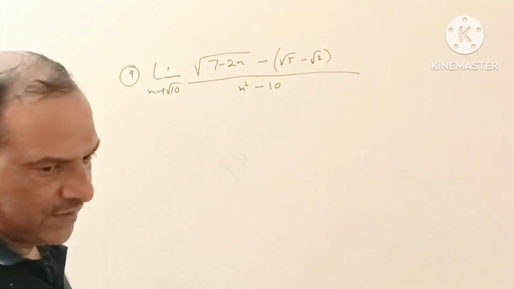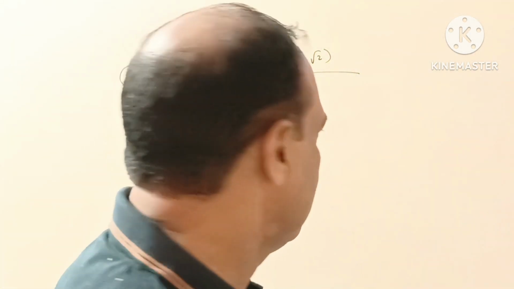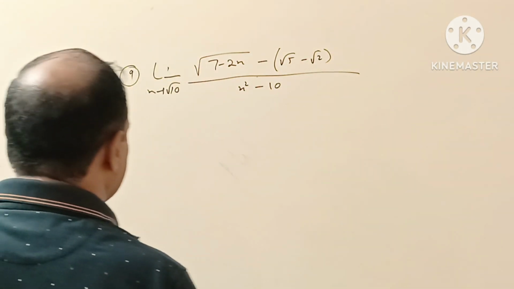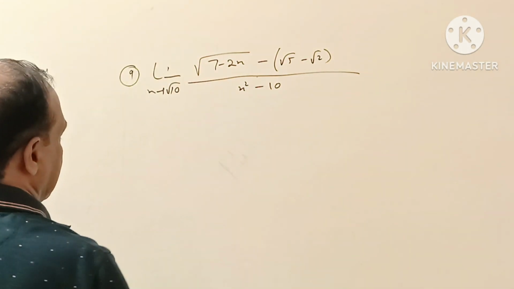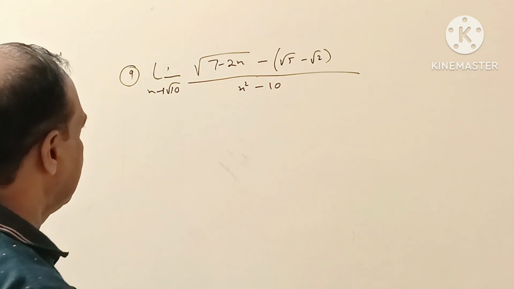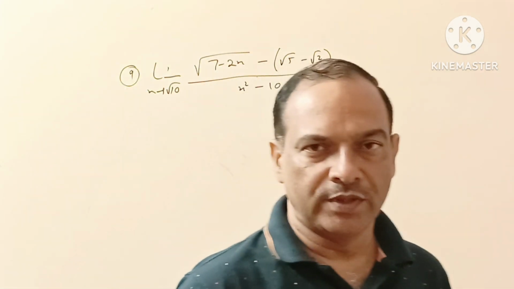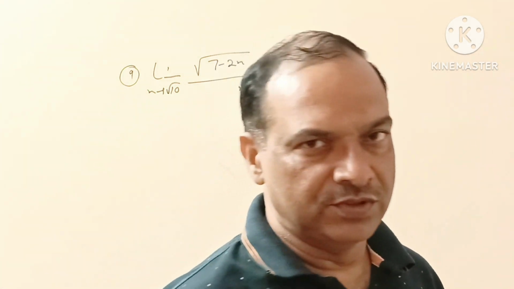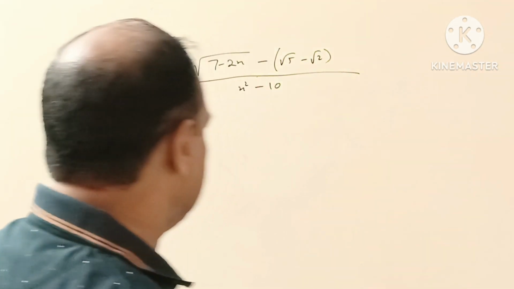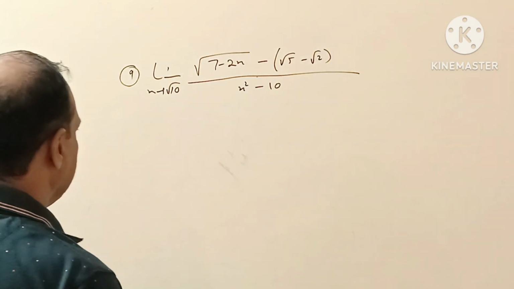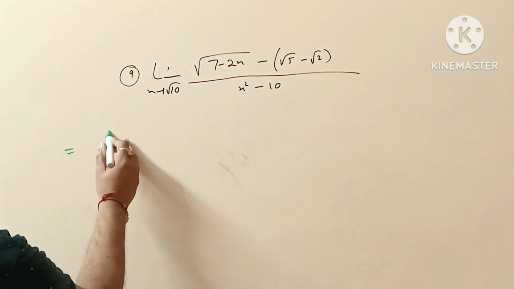You have to use the L'Hospital rule in this particular case, and let's do it. The one thing I am seeing here is that if I put under root 10 in the denominator, I will have under root 10 square minus 10, which will yield 0. It means that you have to use the L'Hospital rule in this particular case.